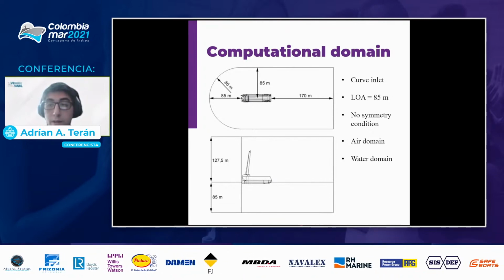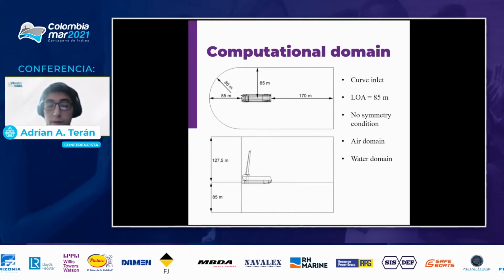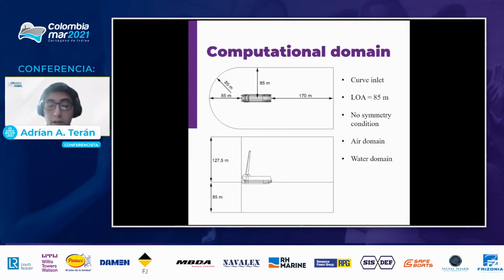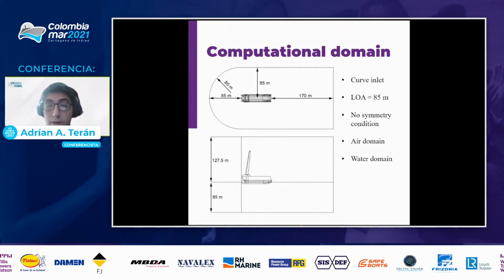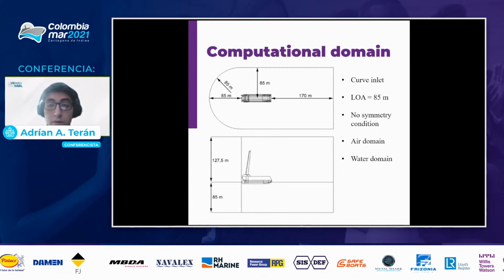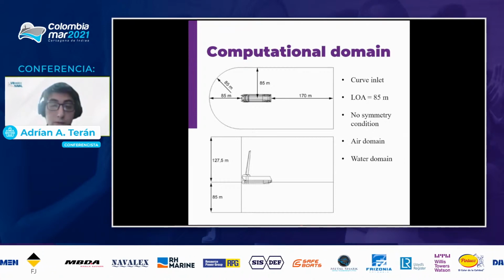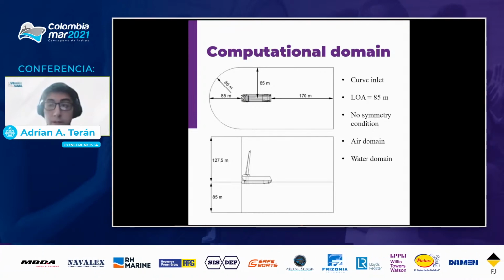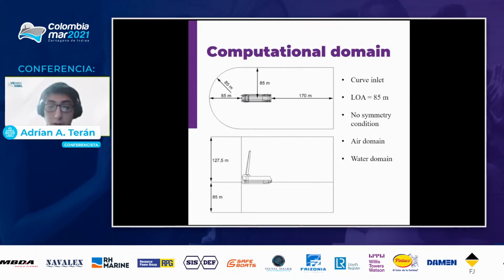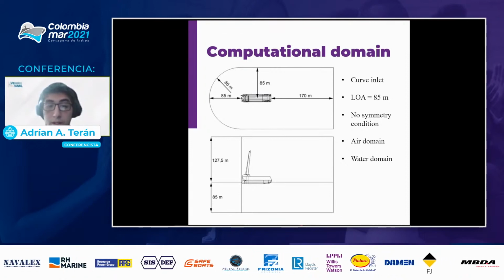Another peculiarity is the condition of no symmetry. On a tugboat, there is a symmetry condition, both geometrical as well as in other phenomena, which is a midship line, both port side and starboard side. In this case, we cannot do this because the sail is going to be analyzed from different angles. Therefore, that breaks the geometrical symmetry.